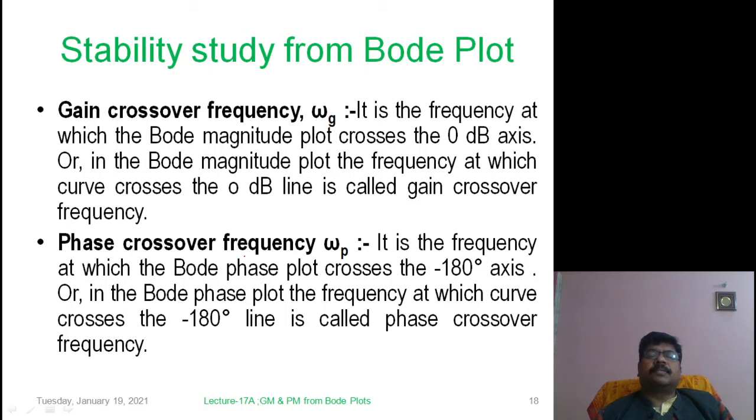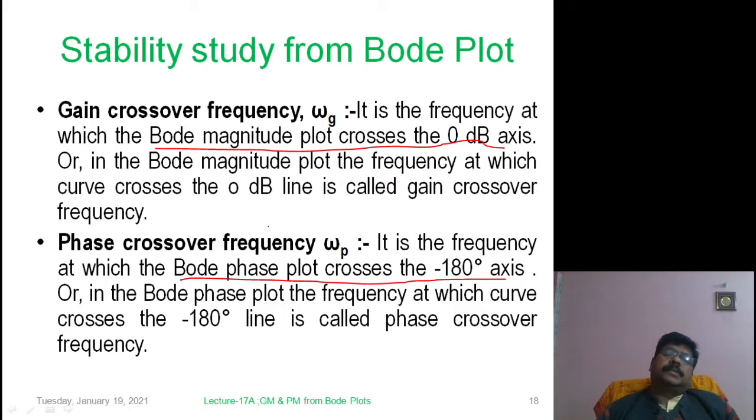While the phase crossover frequency is the frequency at which the Bode phase plot crosses the minus 180 degree axis. These are the two important points that you must know. You have to mark these frequencies on the Bode plot, and based upon this you will be able to find the gain margin and phase margin.